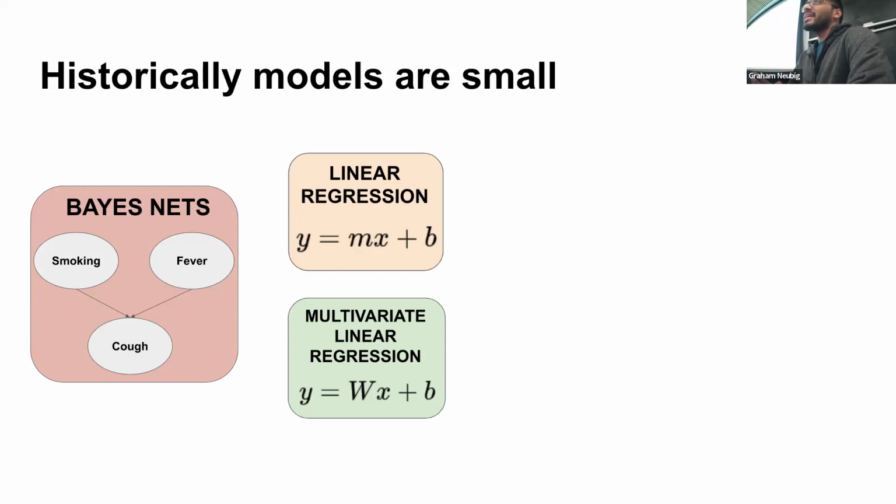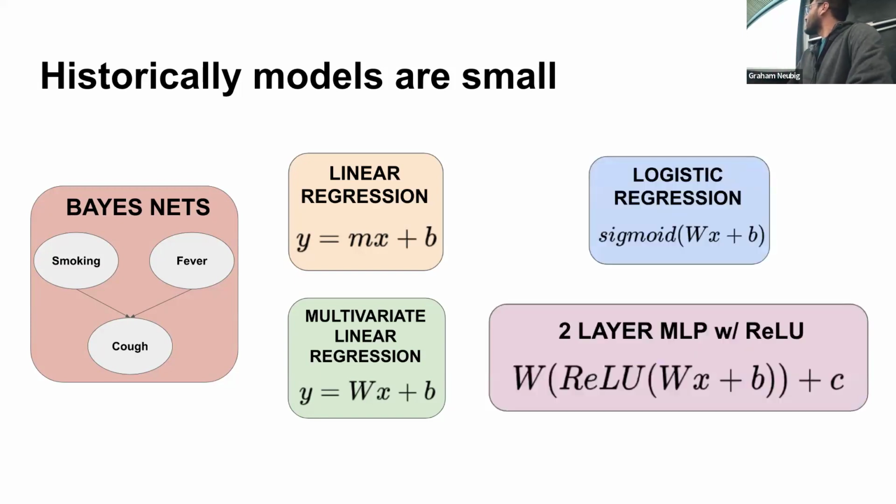The multivariate case, again, is a small number of parameters. We've moved to MLPs that have larger weight matrices, but all of these are kind of digestible and interpretable. So the interpretability world was not super concerned with large, ginormous things, but we're not there anymore.